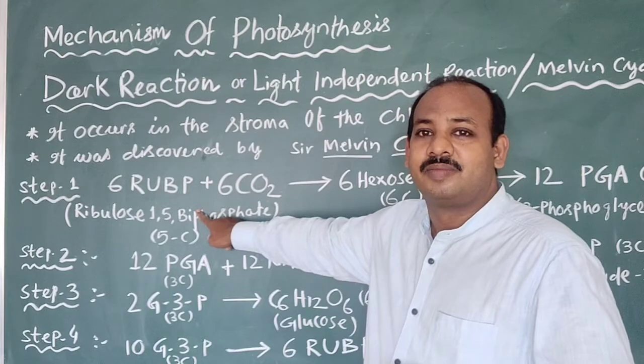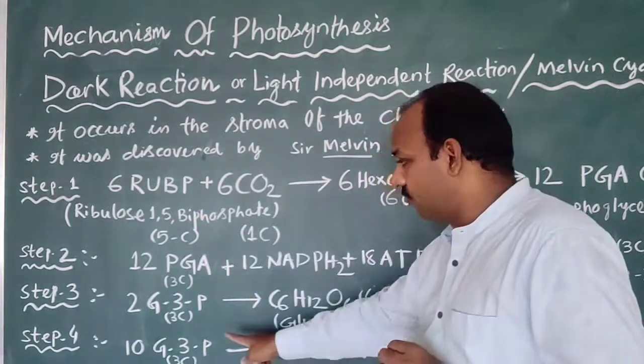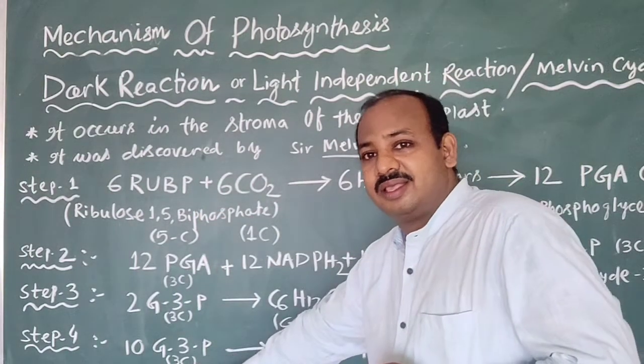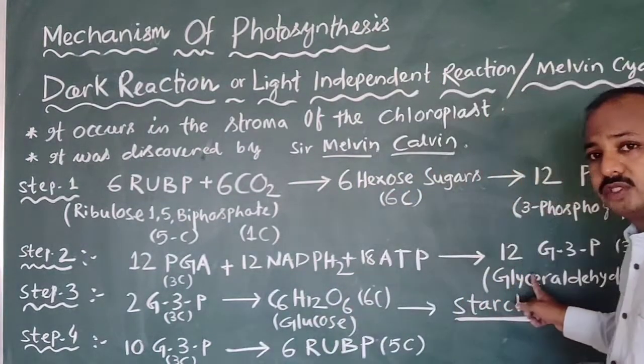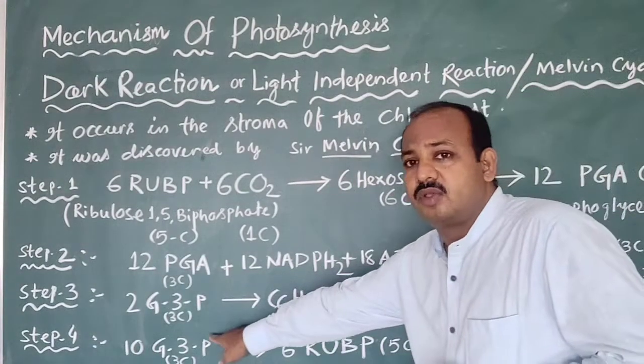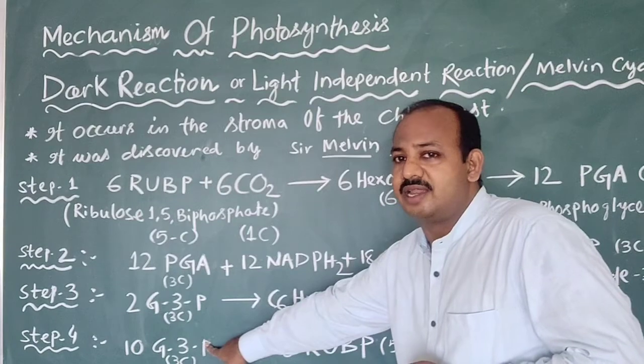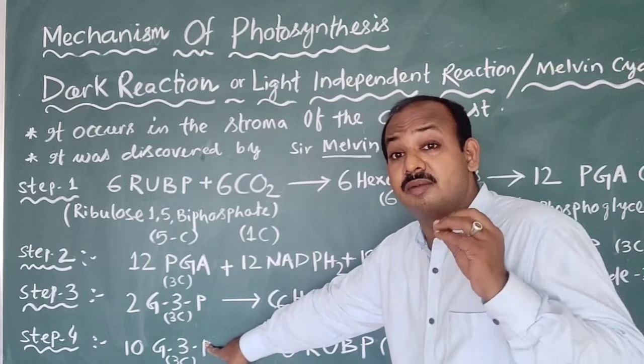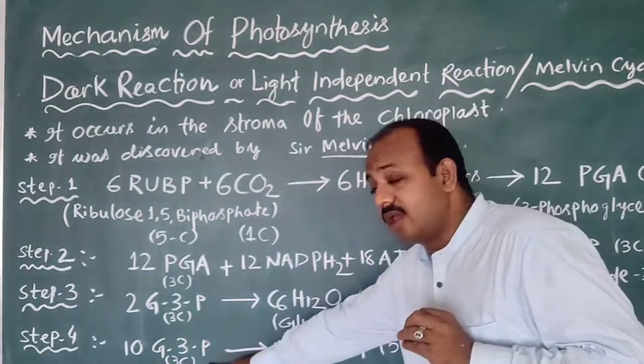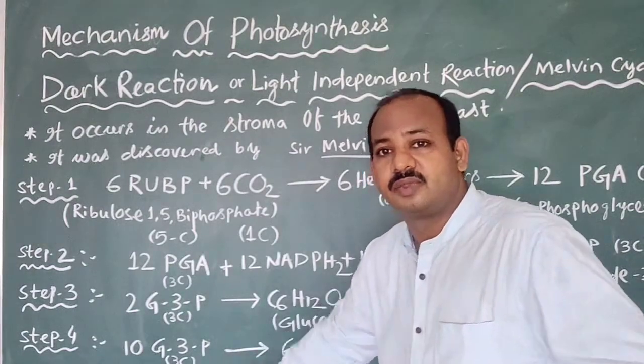Okay, children? So that's why in the fourth stage, out of 12 molecules of glyceraldehyde 3-phosphate, we have used in the third step only 2 molecules. The remaining 10 molecules of glyceraldehyde 3-phosphate are already present. Okay, children?